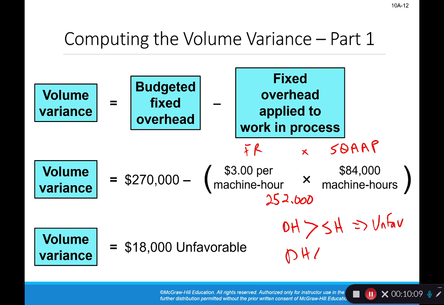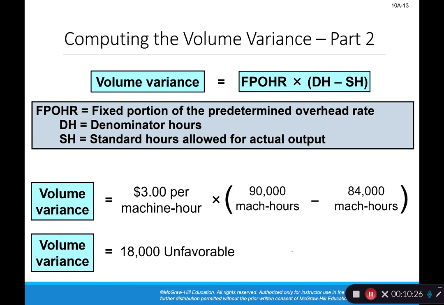When my denominator hours are less than my standard hours, then we have a favorable variance because it means I actually made more than I had planned. Remember, denominator hours are based on planned activity, whereas standard hours are based on actual activity. So our volume variance comes out to 18,000 unfavorable.